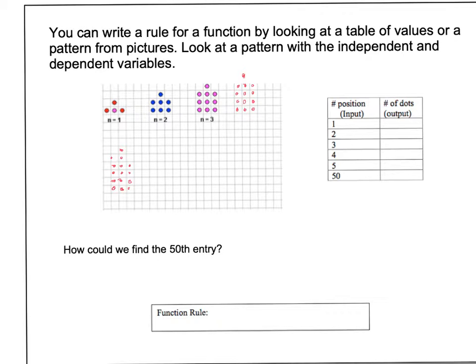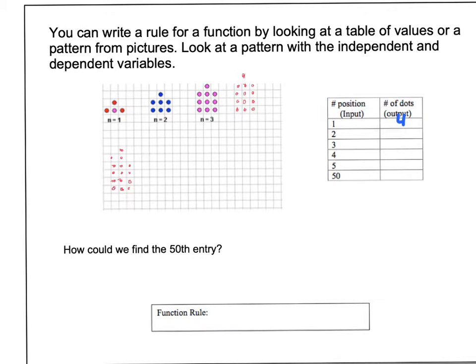Well, from this, we need to decide how we could write what's called a function rule. Again, a fancy name for an equation based on it. So you could either try to just write one down, or you might want to make a table of what's going on. So if I put 1 in, or n equaled 1, I had 4 dots coming out.